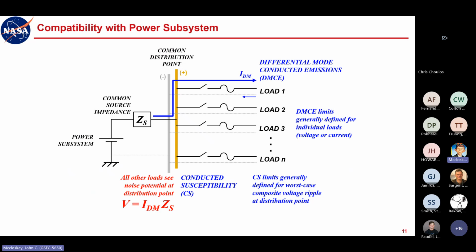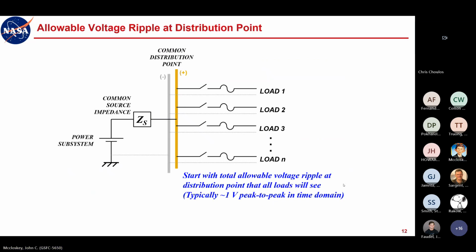So we define our conducted susceptibility limits to provide a worst case upper bound for the composite voltage ripple at the distribution point that everyone will see. A benchmark, at least, that I've used on most of the platforms I've supported: we start with the total allowable voltage ripple at the distribution point of 1 volt peak to peak in the time domain.